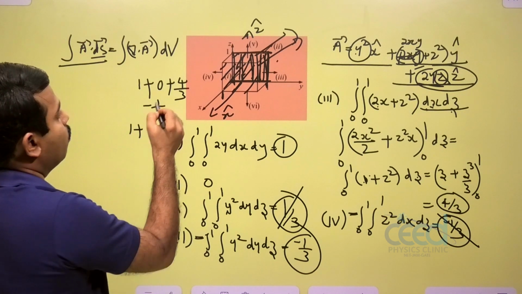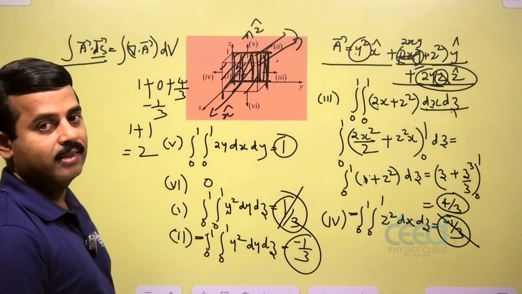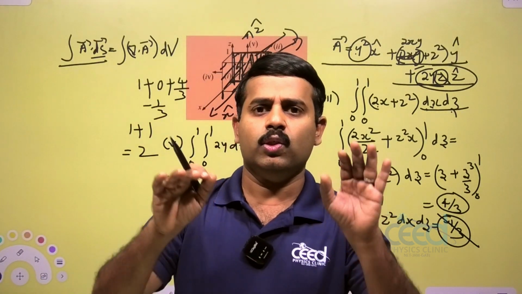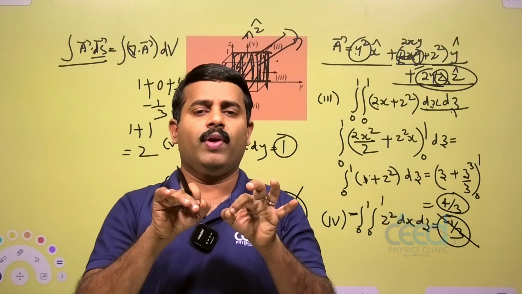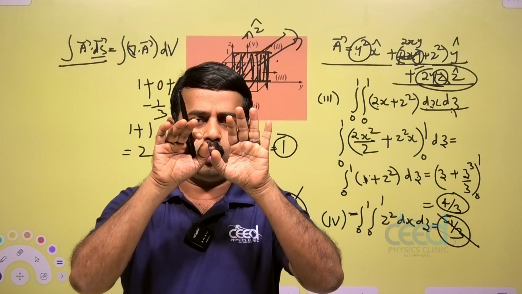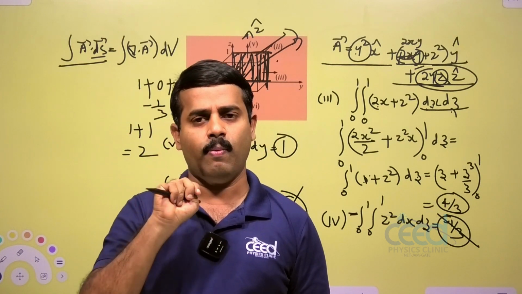Then 1 plus 4 by 3 minus 1 by 3, again 1, then the answer is 2. So the complete surface integral of this vector field through that cube situated at the origin is 2.